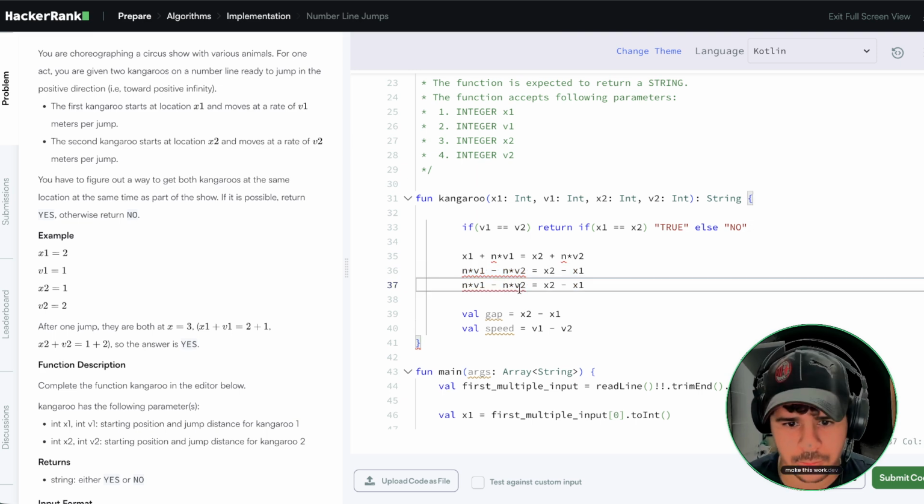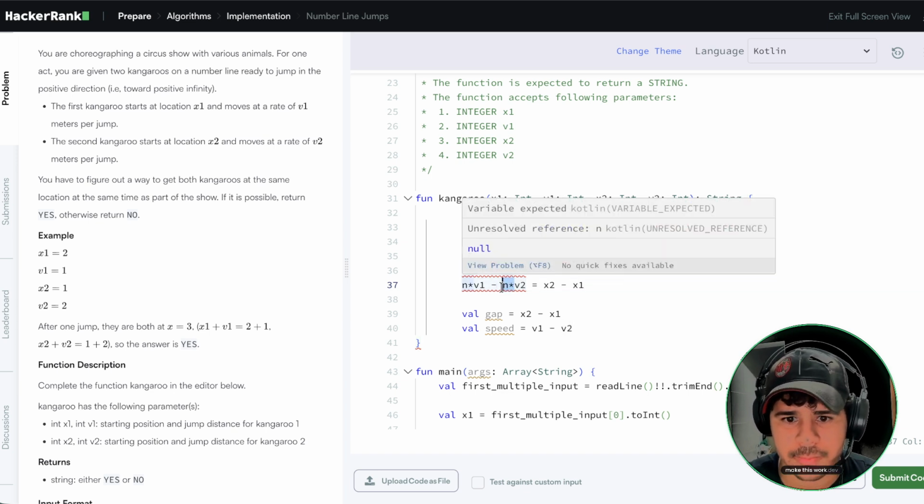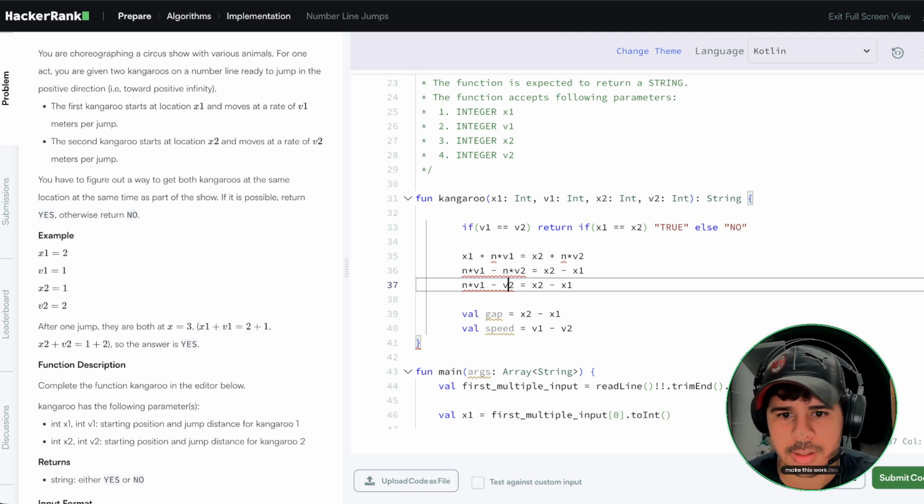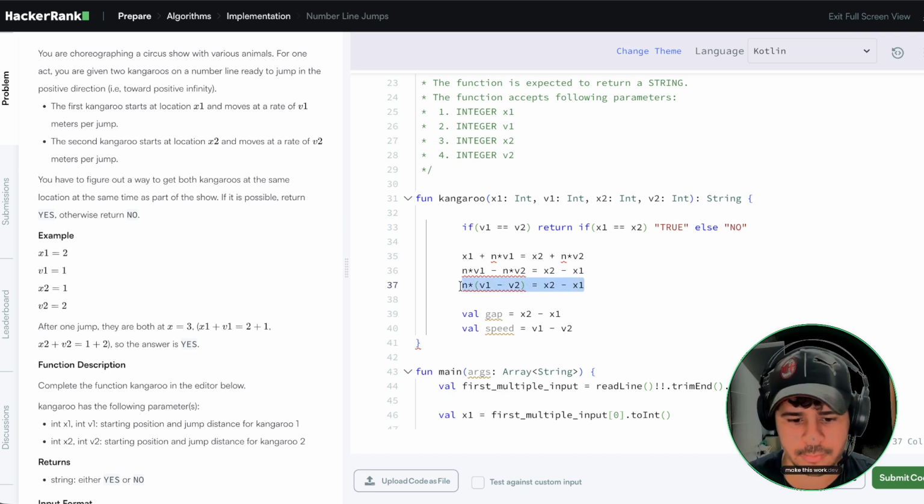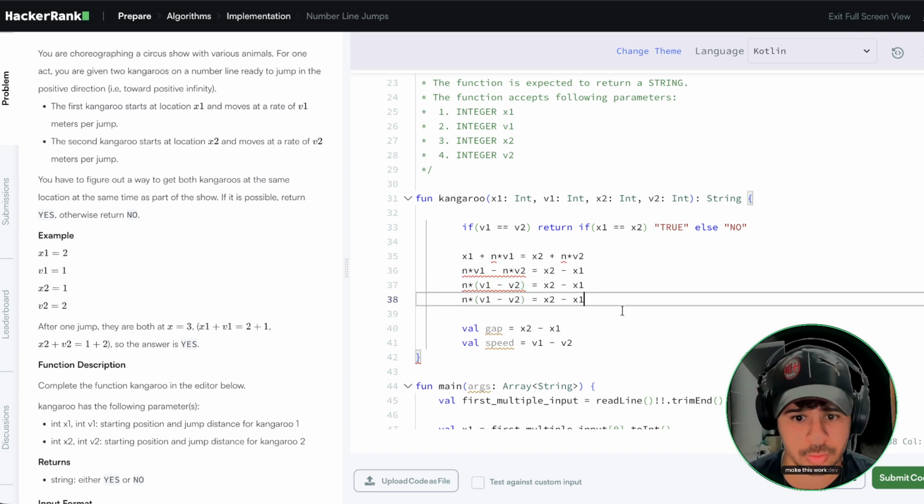What you can do is take the n outside here like this. I copy paste this one, yes, and you're just going to do this. So that's the same. Okay, and now let me copy the line here so it's easier for you to understand.